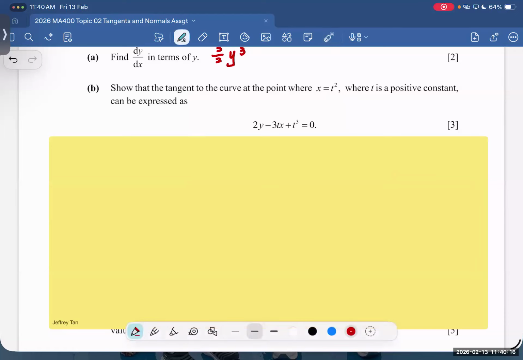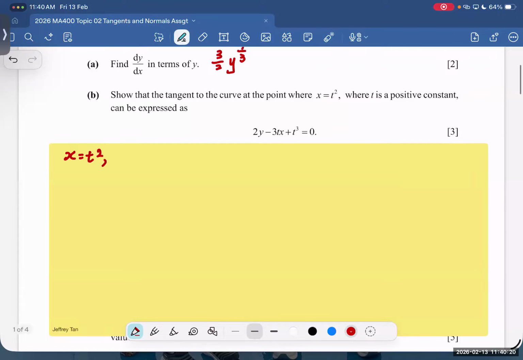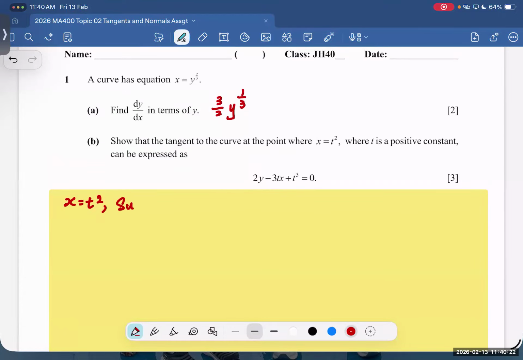Now we know x1, when x equals t squared, y equals to... So I substitute into this. So t squared, x is t squared equals y to the power of 2/3.